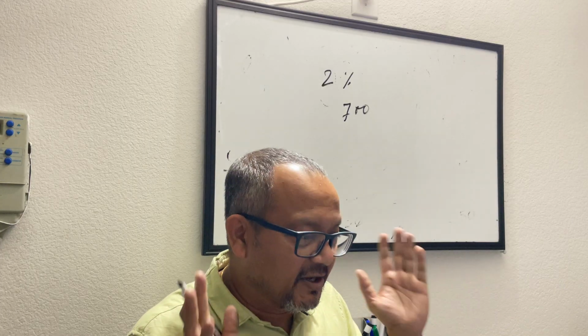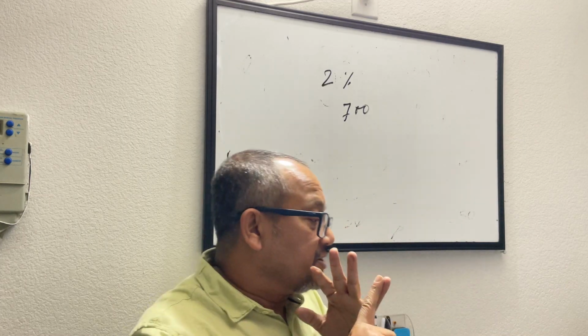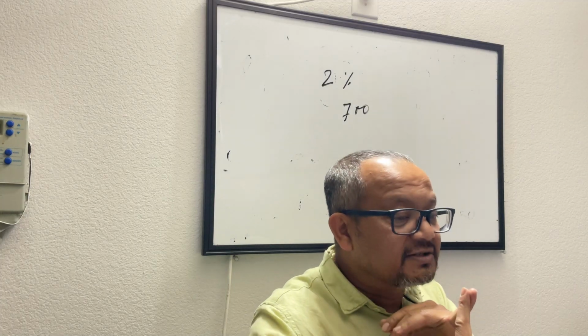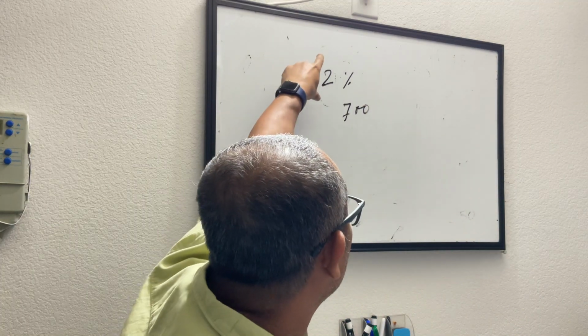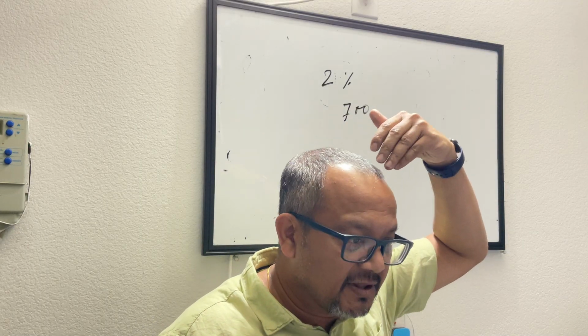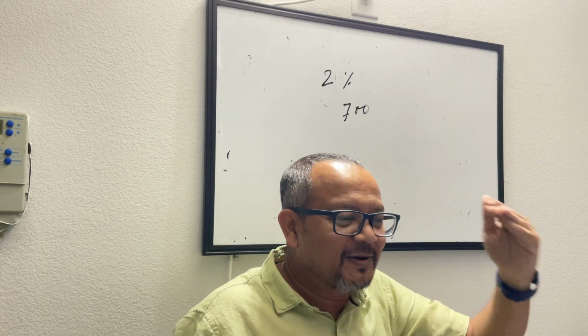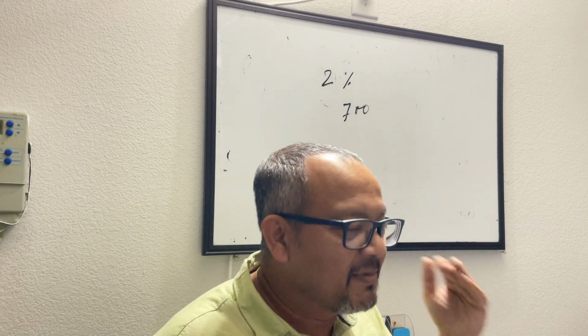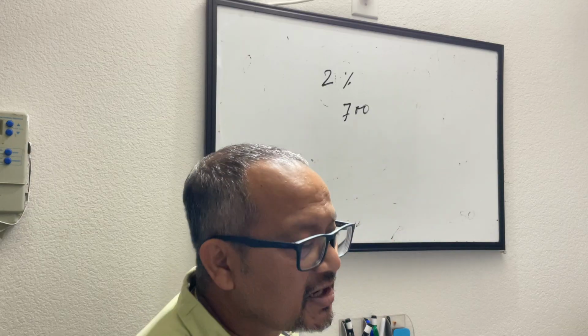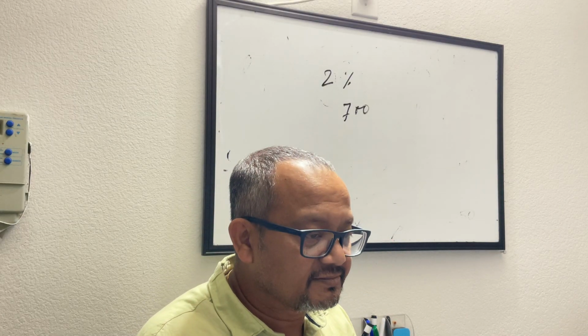Again, I'm repeating the question one more time. 2% of the students have red hair. I'm giving my example, there's no hair, but I'm saying 2% of the students have red hair. There are total 700 students. How many kids do not have red hair?